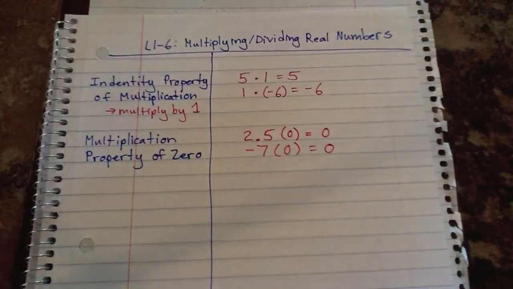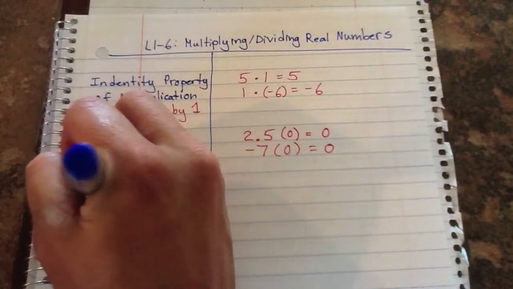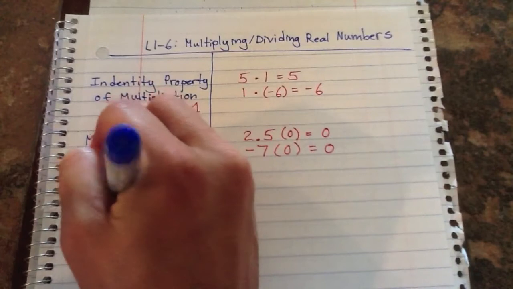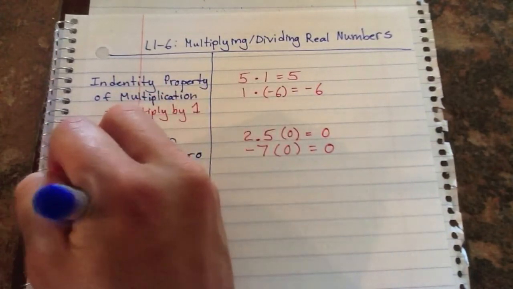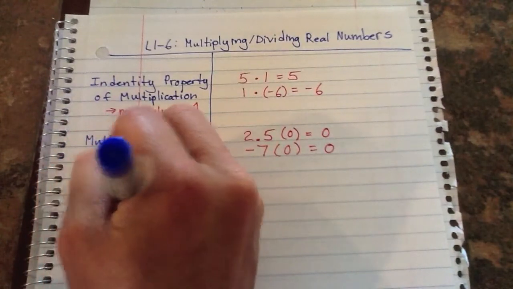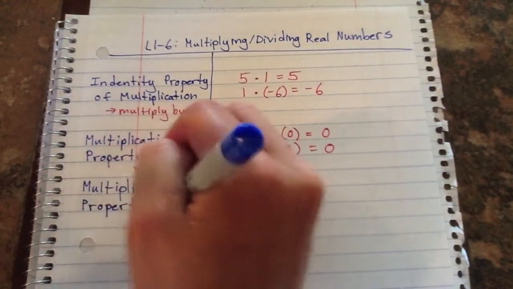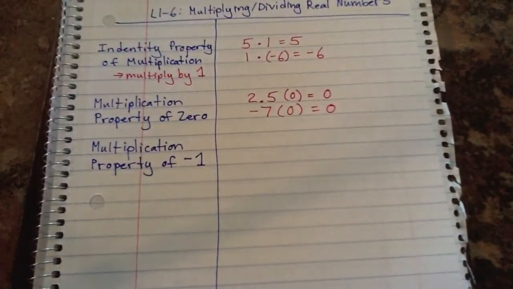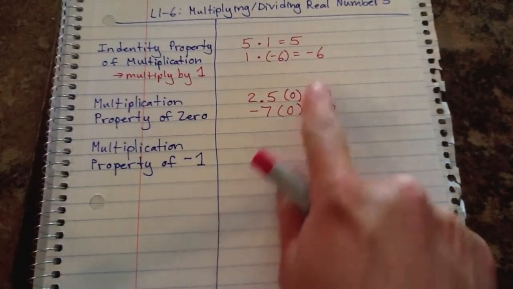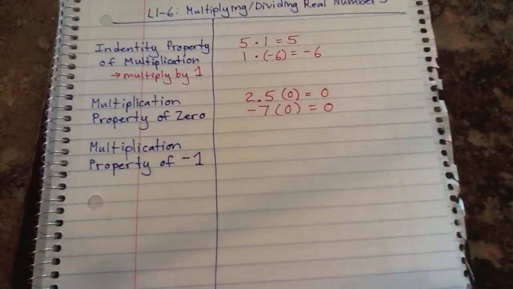And then there's the multiplication property of negative 1. This is a really important one to use sometimes, especially when you're solving equations. If you think about what happens when you multiply by a negative 1, it doesn't stay the same.